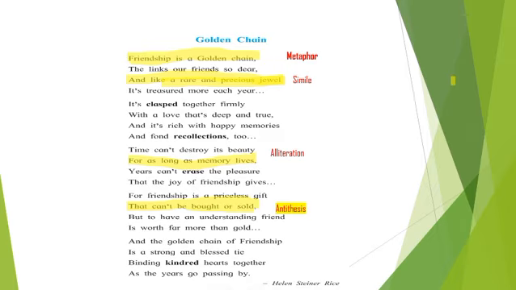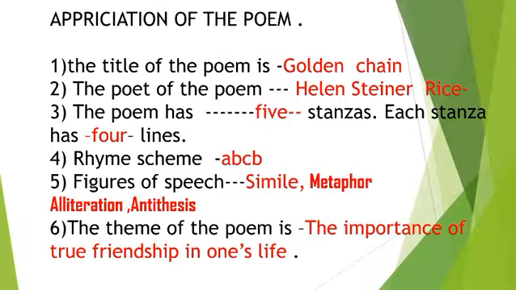Title of the poem is Golden Chain. The poet of the poem is Helen Steiner Rice. The poem has 5 stanzas and each stanza has 4 lines.